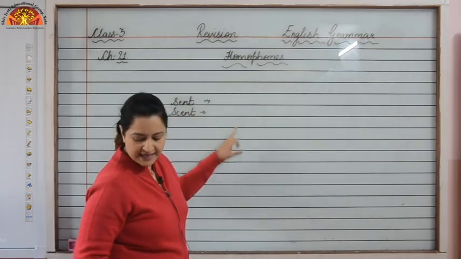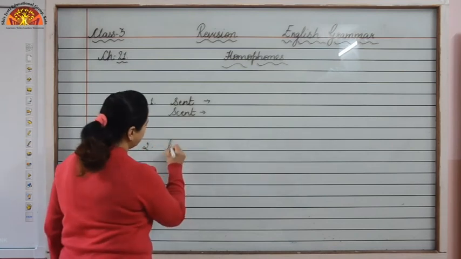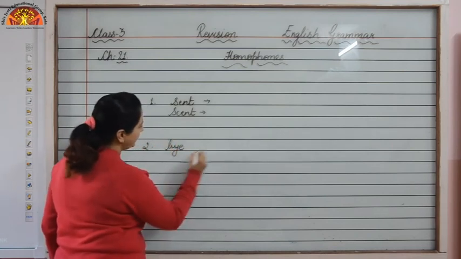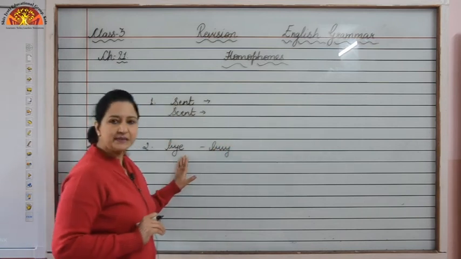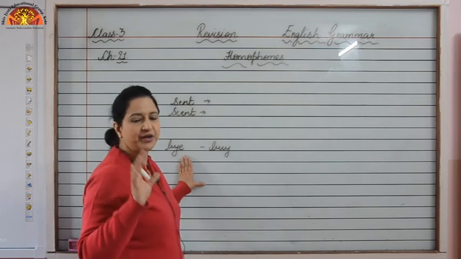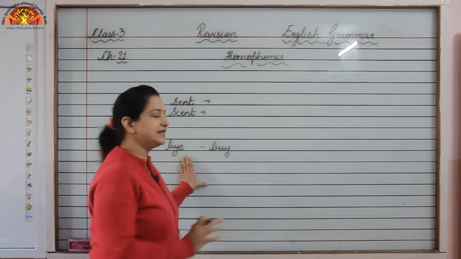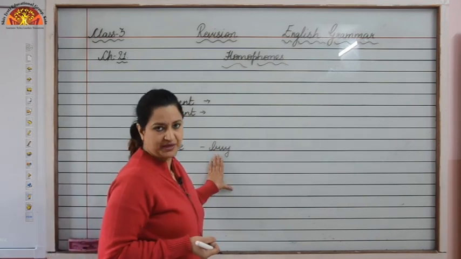Now let's see one more example. Bye or buy. This bye is to say goodbye or to see off someone. This buy is to purchase something.